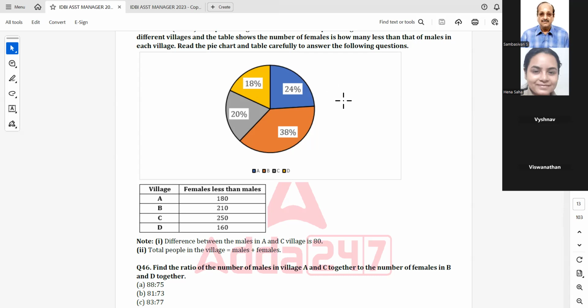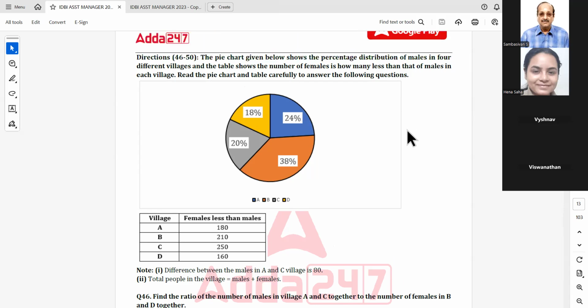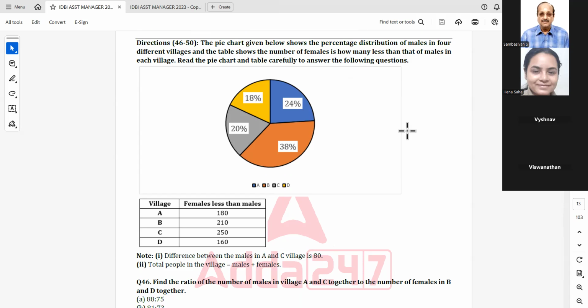Next point: villages A, B, C, D, females less than males. Okay. Then what should we do? Number of females less than males: 130, 210, 250, 160. Now, what is the total? How to find the total number of population?